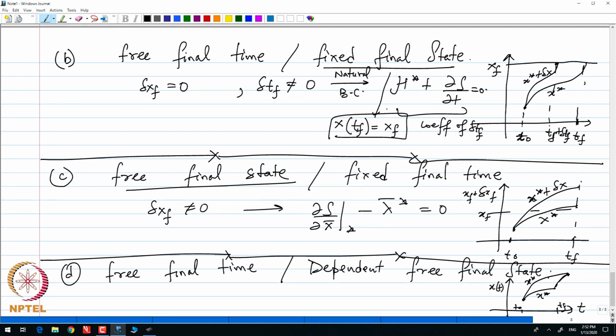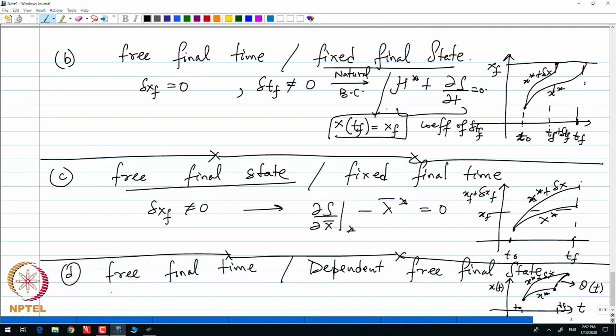So, let us say this is x star plus delta x and my perturbed curve is theta, where my final point on the optimal curve and the perturbed curve lies, right.